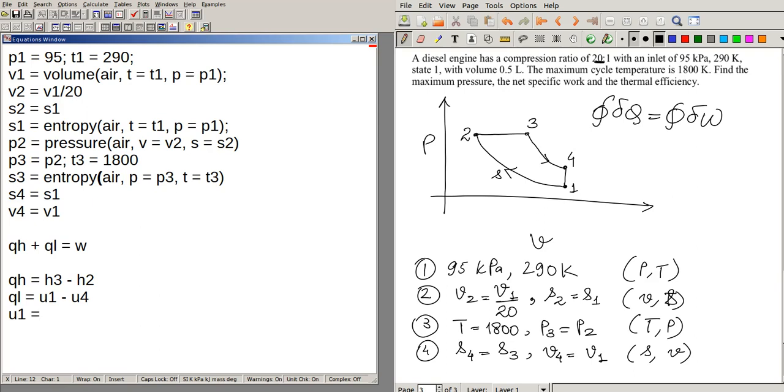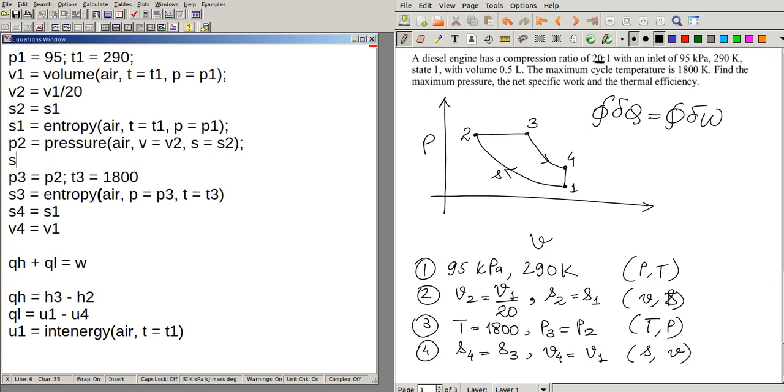So u1 will be the internal energy of air at T equal to T1. Let us write down the expression for T2, because we will need the temperature to find the internal energy, or rather the enthalpy, at point 2.